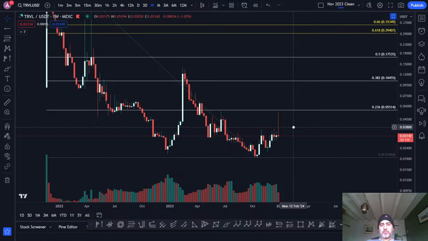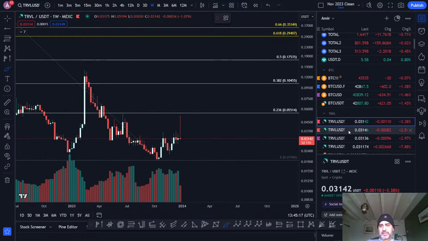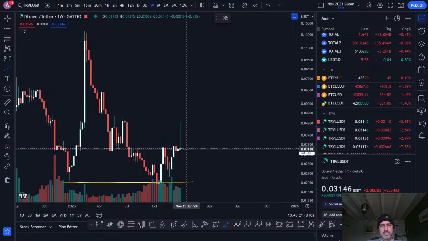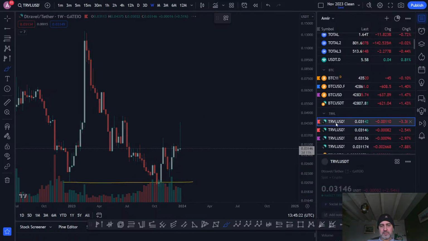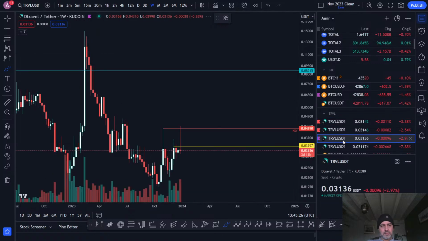So what would be good, and this is how big traders do it, is when you get swing failures of these levels. Obviously we didn't get one here on MEXC. Let me have a look. We didn't get one on Gate, and actually Gate is looking more bullish at the moment than MEXC. Did we get one on KuCoin?